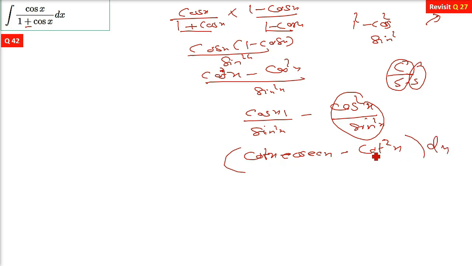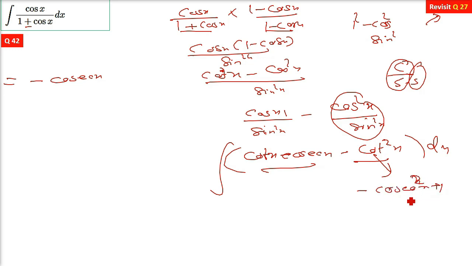Now we are ready for the integration. Cot x cosec x has a standard result, which is negative cosec x. Cot square x doesn't have any standard result, so we write cot square x as cosec square x minus 1, and because of the negative sign outside, we have cot x cosec x minus cosec square x plus 1.